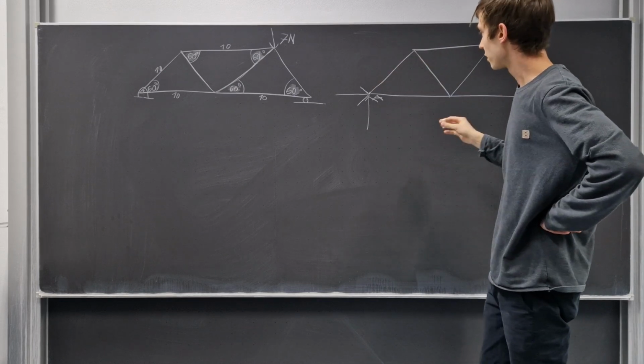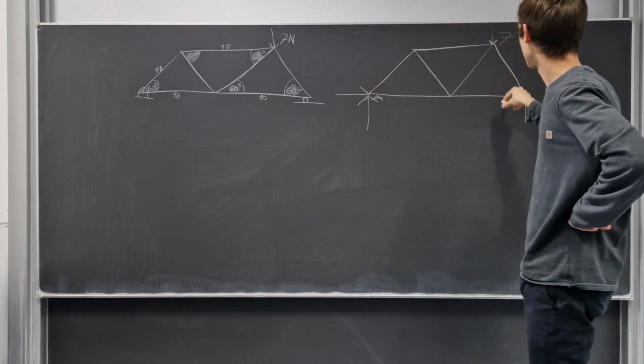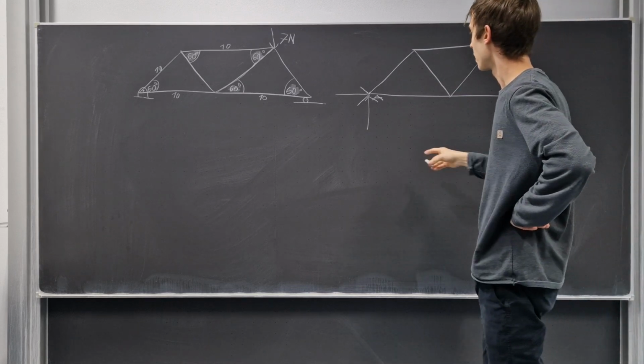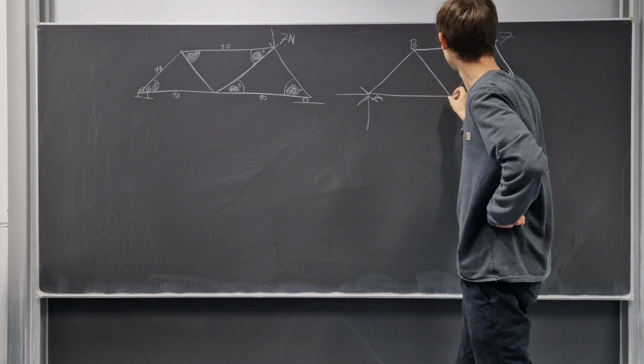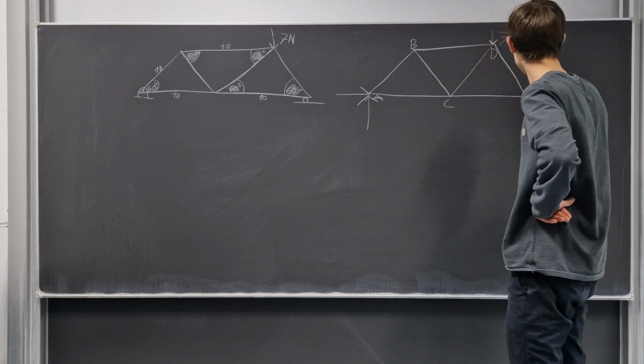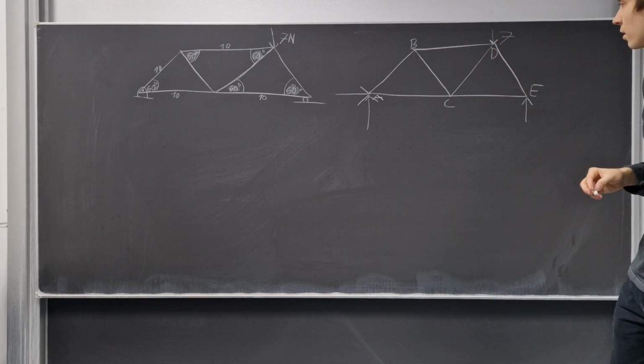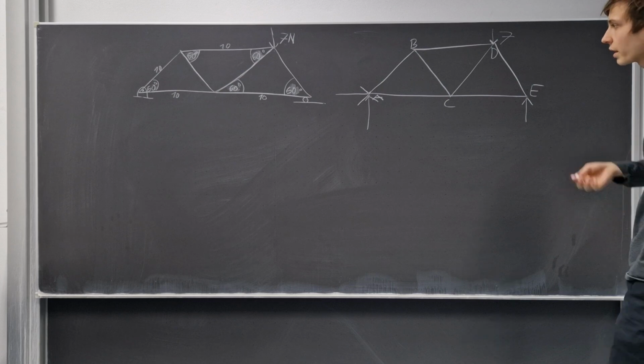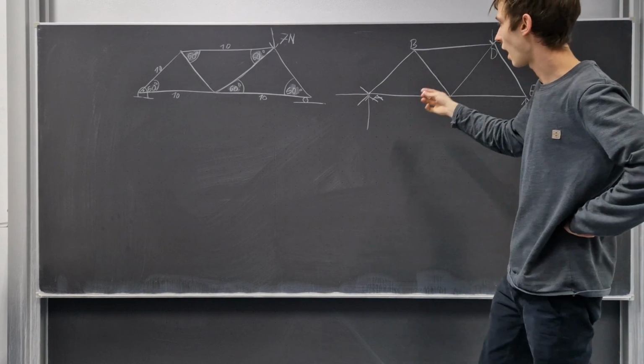Let's call the vertices some letters so we can orient ourselves in the problem. So I'll go like this: A, B, C, D, and A. Now I can also name the forces at these points.